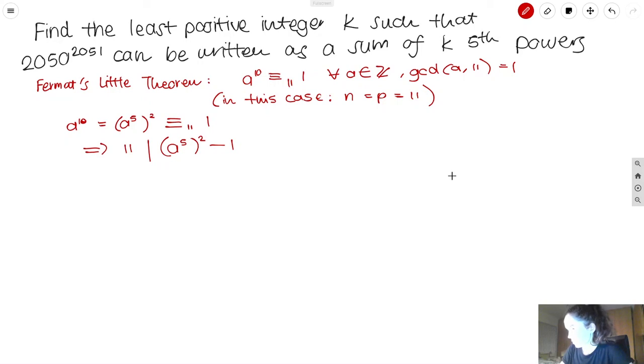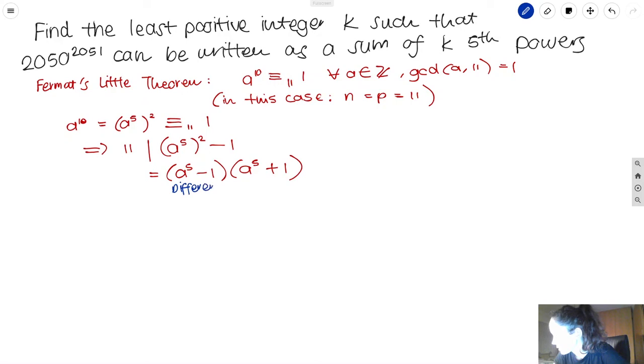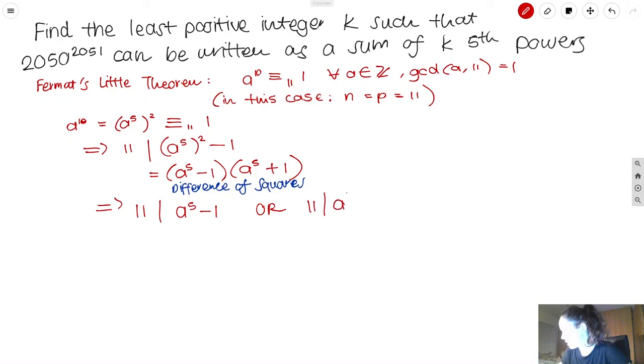We can then rewrite this again as a to the power of 5 minus 1 times a to the power of 5 plus 1. So it's a difference of squares again. So this means 11 divides a to the power of 5 minus 1, or 11 divides a to the power of 5 plus 1.